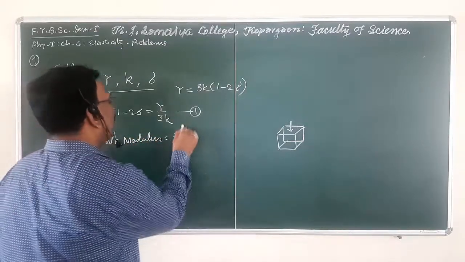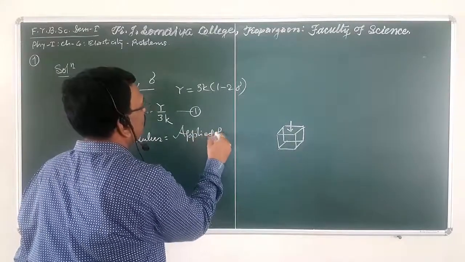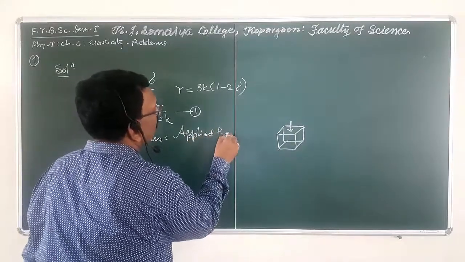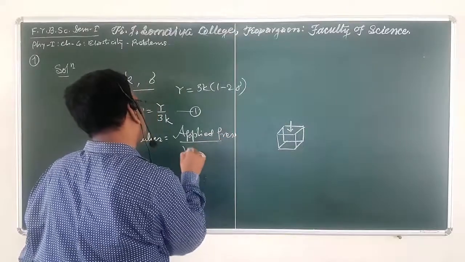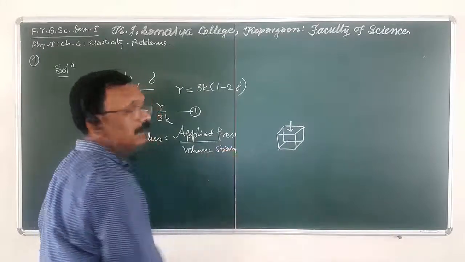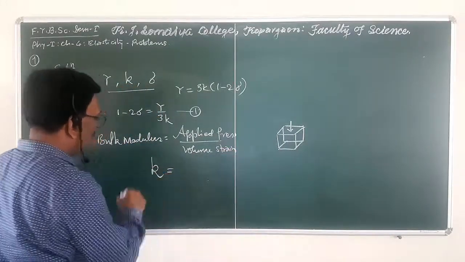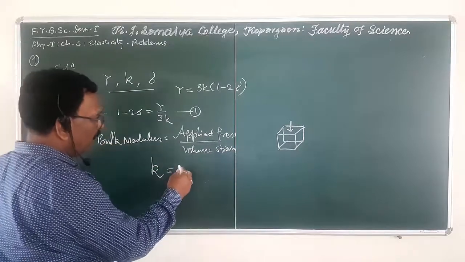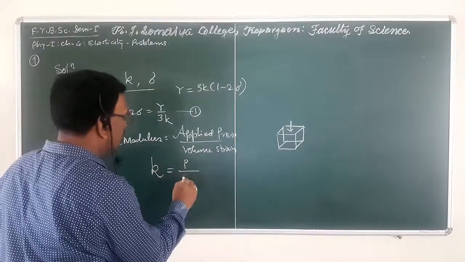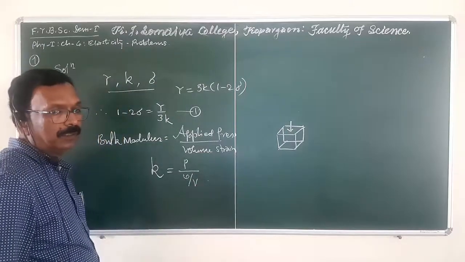It is simply applied pressure upon volume strain. Therefore bulk modulus K is equal to applied pressure P, and volume strain is nothing but change in volume divided by original volume.